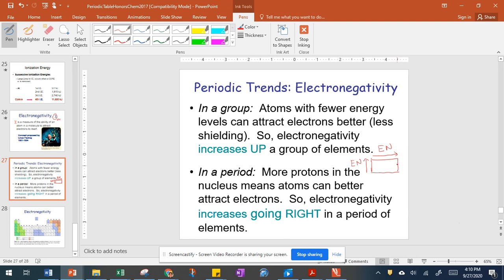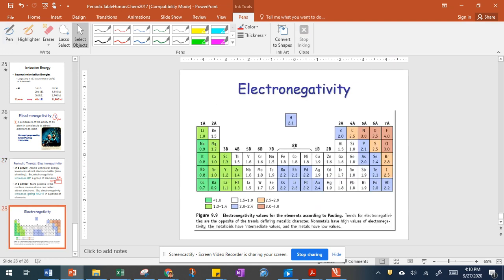What we also see is noble gases, because they don't form compounds, do not have electronegativities listed. That's because electronegativity can only be determined for elements which do form compounds. So if we look at our table of electronegativity, you will see there are no electronegativity values for noble gases.